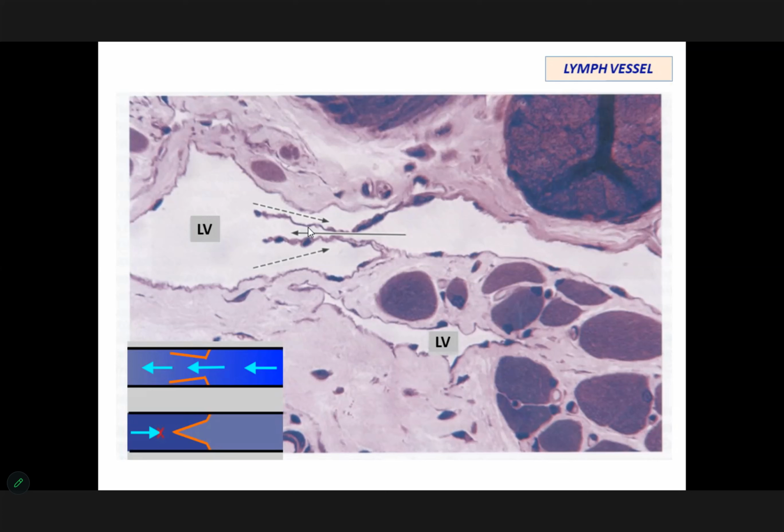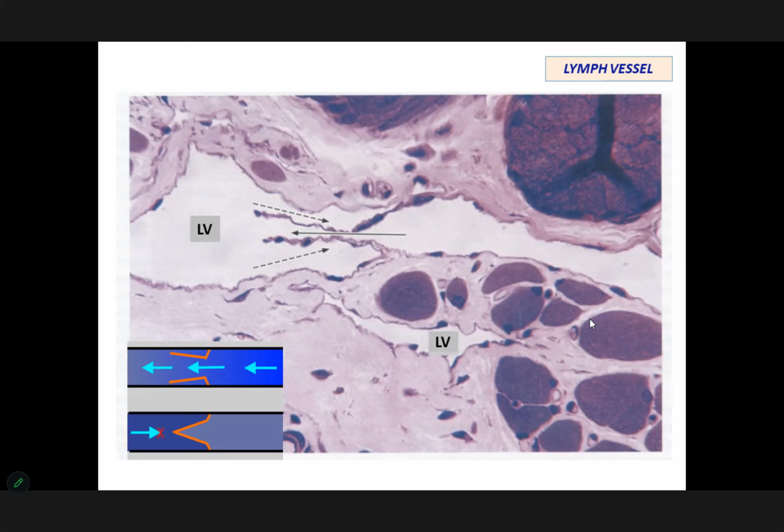And here are the cusps of the valve. And these actually are cross-sected muscle fibers of skeletal muscle. The lymph goes through the lymph vessel in this direction, leftward in this picture, because of the contraction of the skeletal muscles.